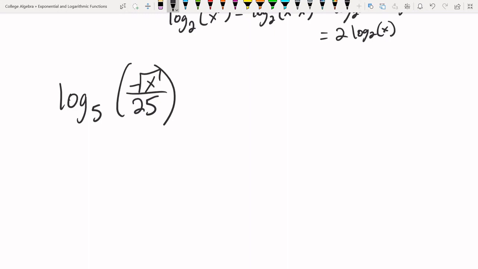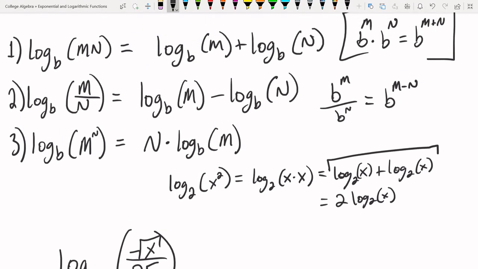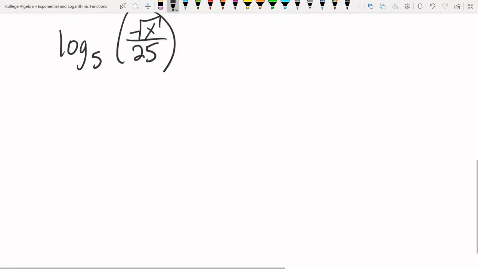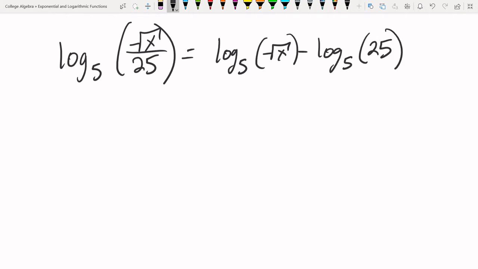So first off, I see that there's a division inside the logarithm. So I'm going to use property 2. The division goes to subtraction. So I have log base 5 of the top minus log base 5 of the bottom. And now I can do some work for the inside.